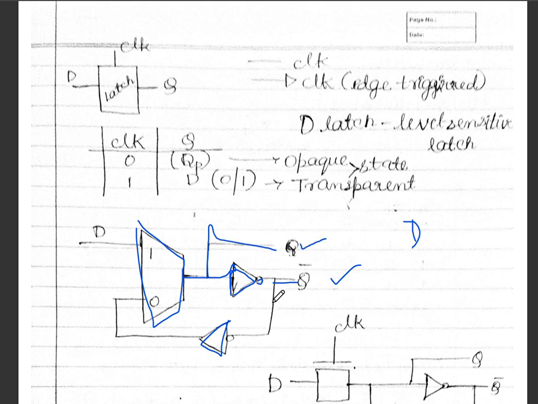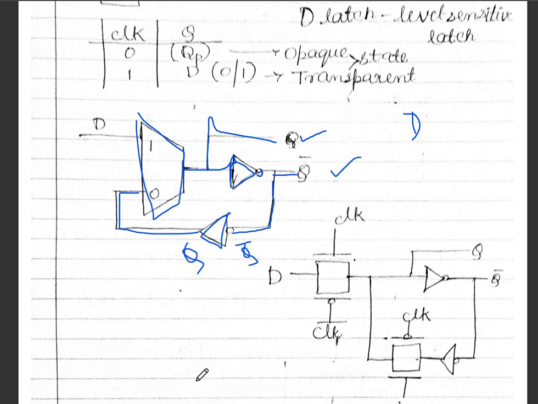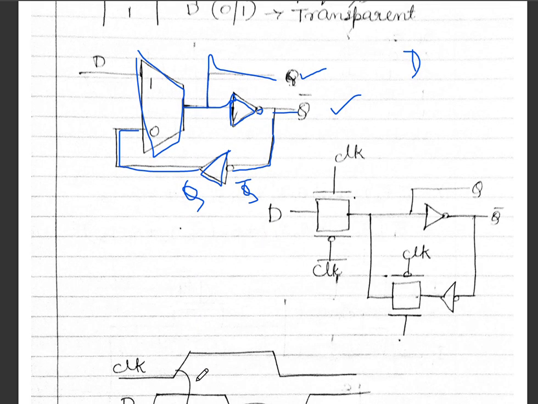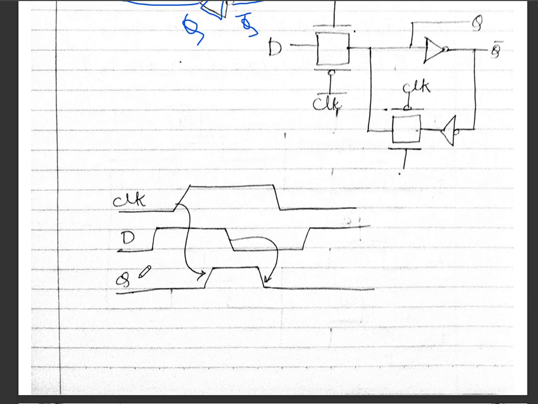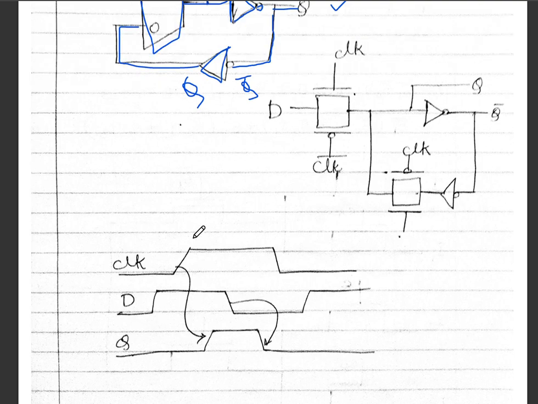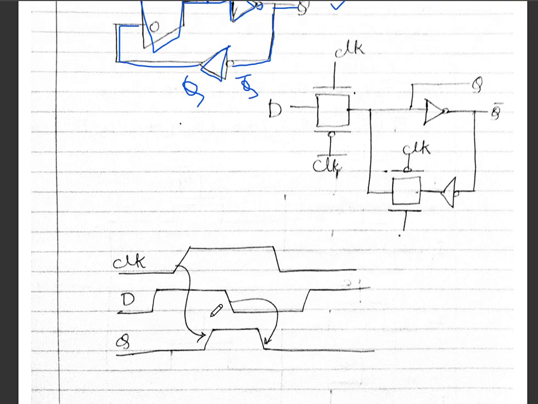And feedback is given so that the same value reaches the output as that of the Q value. Here we have used another NOT gate because the Q bar is given to this NOT gate, and finally we'll get the value Q. So this is how you represent the D latch. This is the waveform that you get after each clock cycle.